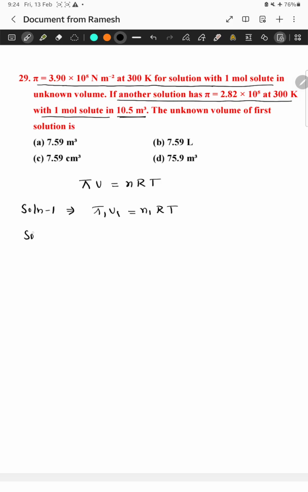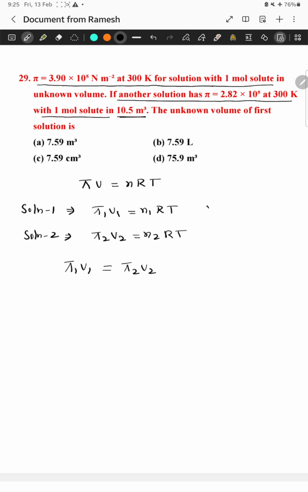Similarly, for solution 2, the formula becomes pi 2 V2 equals N2 RT. Since both solutions are taken at the same temperature, you can equate them. Remember, you have to take N1. Since N1 is 1 mole and N2 is also 1 mole, the right hand side becomes equal. Therefore you can equate the left hand side. So pi 1 V1 is equal to pi 2 V2.